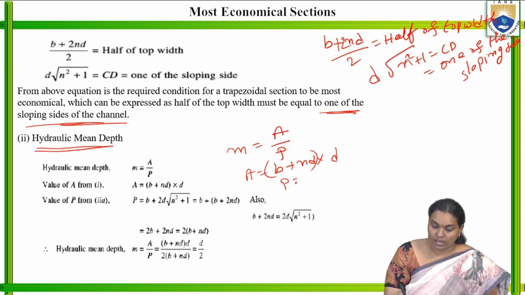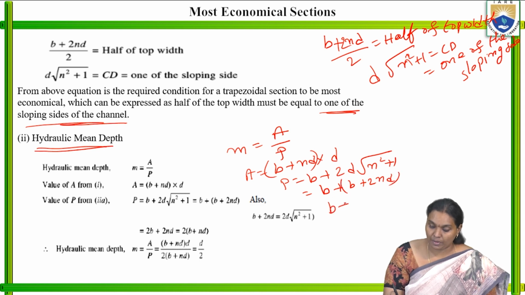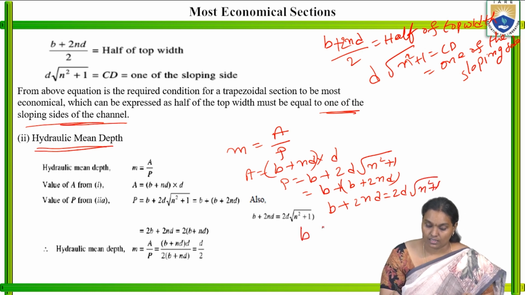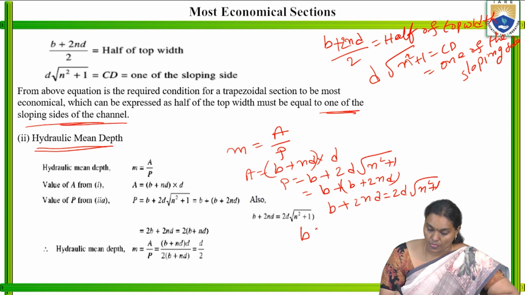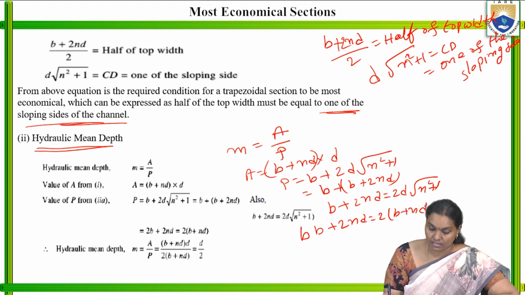So p is equal to b plus 2d root n square plus 1. That is equal to b plus 2nd also. So finally b plus 2nd is equal to 2d root n square plus 1. It means 2b plus 2nd is equal to 2b plus nd.